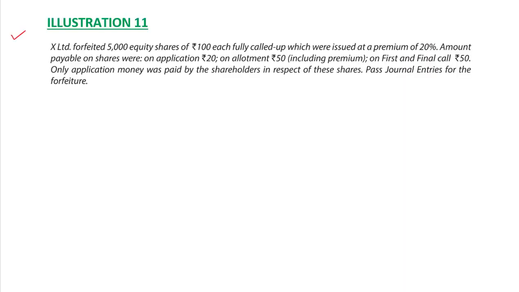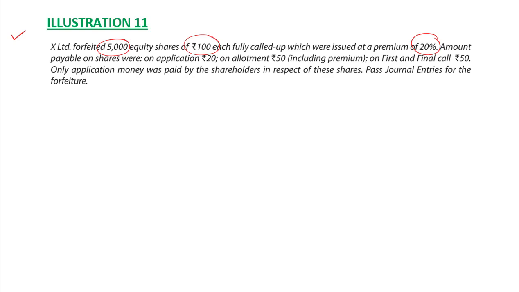Illustration 11. X Limited forfeited 5,000 shares of 100 each fully called up, which were issued at a premium of 20%.